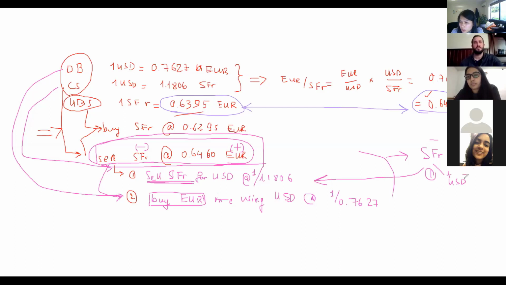In the second step, I'm going to use the USD I just acquired to buy the euro. Okay. So essentially, through these two steps, I have canceled out my USD holdings, and what I am left with are the two positions in the franc and the euro. Okay, which is consistent with what I want to do here.